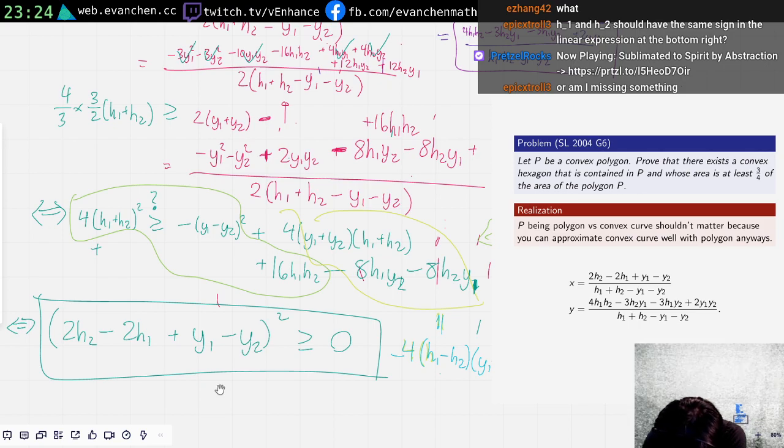Wait, no. H1 and H2 have the same sign in the linear expression in the bottom, right?